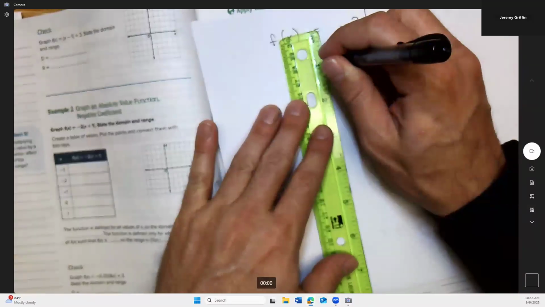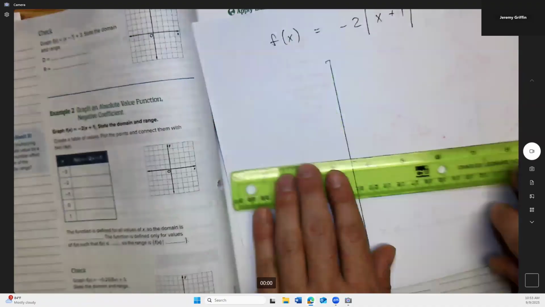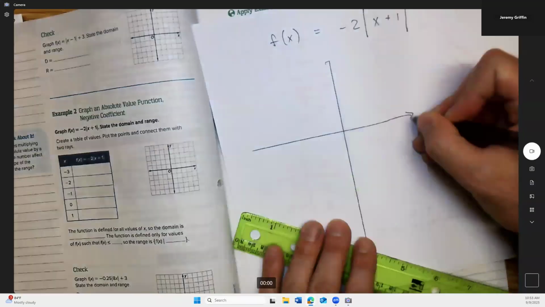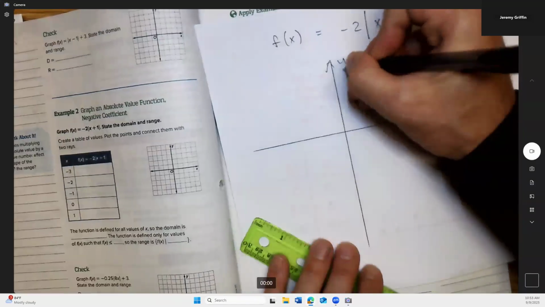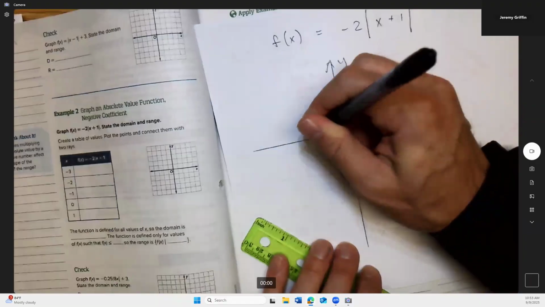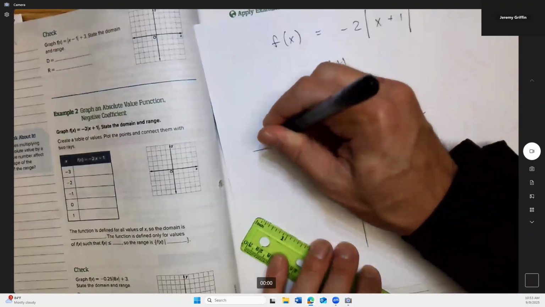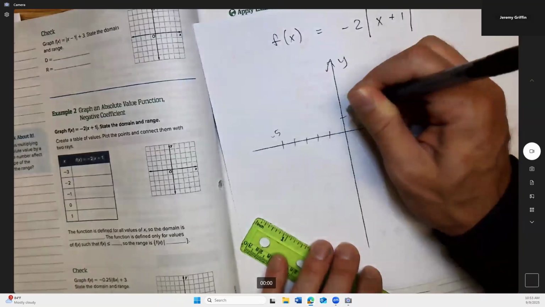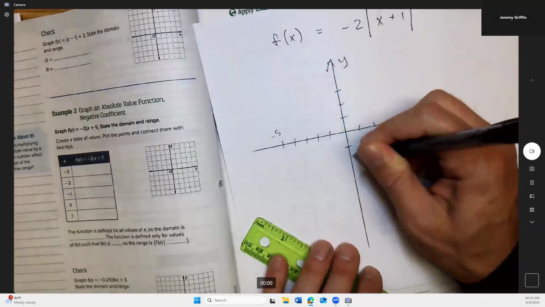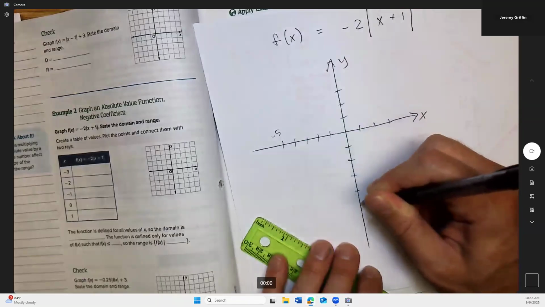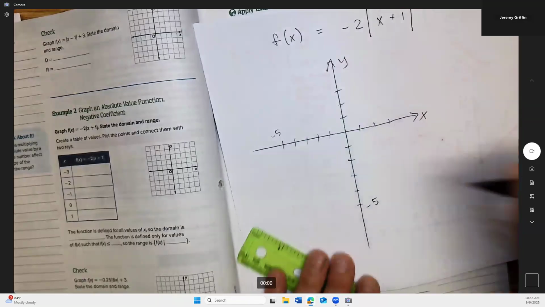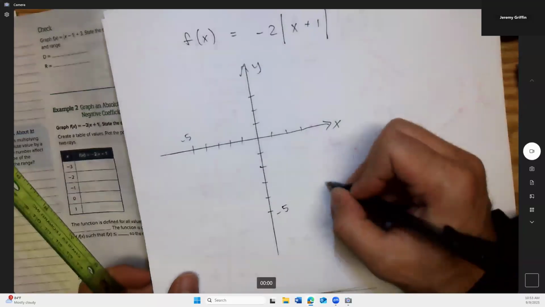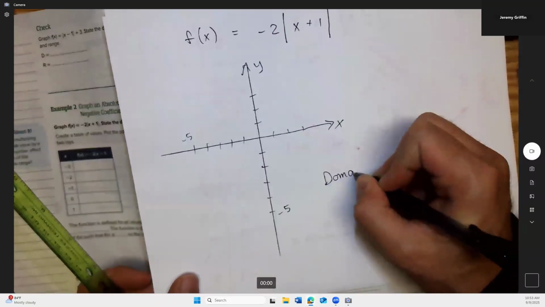Okay, so get some axes going. Okay, x-axis, y-axis. Right there. Okay. All right, and then eventually we're going to come up with a domain.